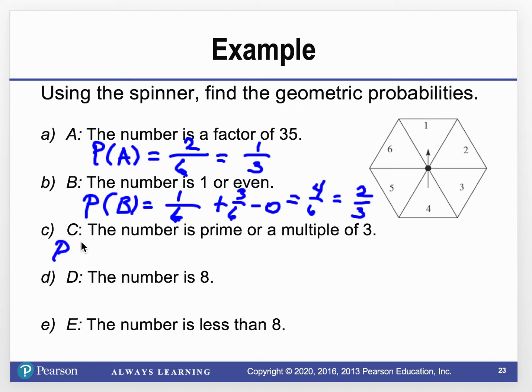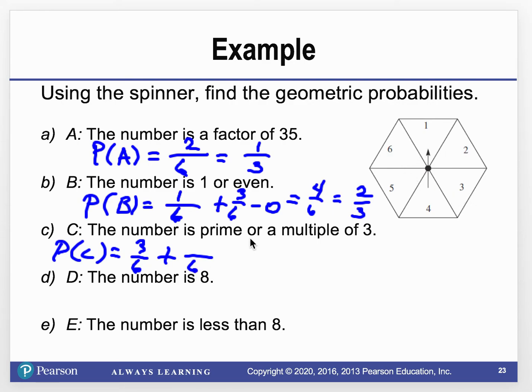What about C? The number is prime or a multiple of 3. All right, so let's say the number is prime. Remember, 1 is neither prime nor composite. So there's 1, 2, 3 of them that are prime out of 6, or a multiple of 3. So I'm going to count how many of them are multiples of 3.